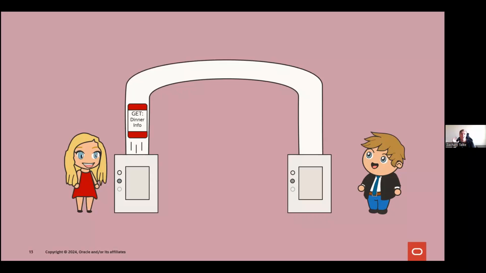It allows Montana to send information requests to me, like what is our dinner plans, and for me to send a response back to her, such as passing her our reservation details. This is essentially how APIs work. Montana is essentially the client, and I am essentially the server.